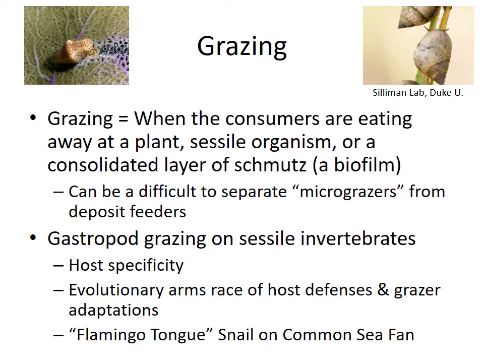And so the evolutionary arms race between the things that are getting grazed on and the things that are grazing on them gets intense, and it results in a phenomenon called host specificity, where there may be host organisms that are so well defended only a few organisms can eat them, and those organisms are so specialized that they can't eat anything else except one or a few species of prey. An example would be the flamingo tongue snail, which grazes on soft corals like sea fans.